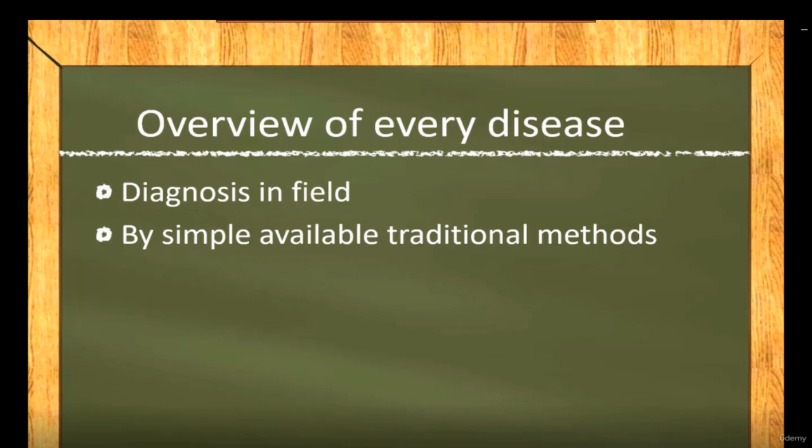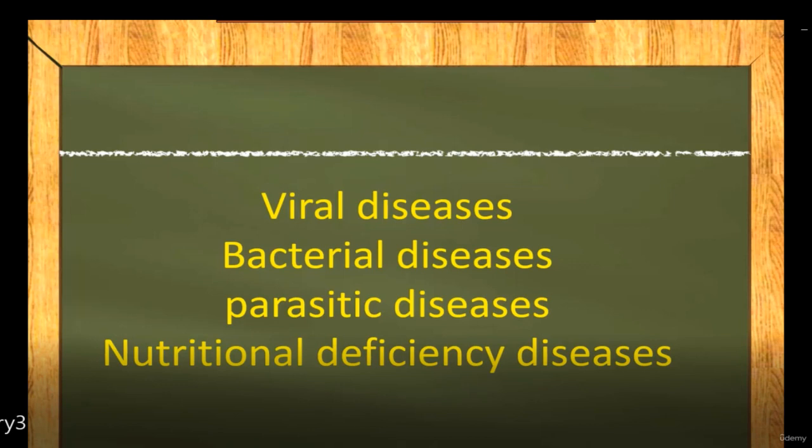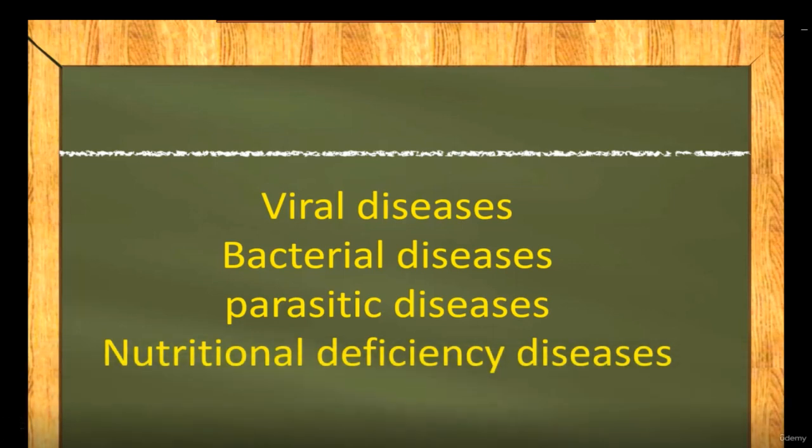Diagnosis in the field is by simple, available, traditional methods, as we mentioned. Viral disease, bacterial disease, parasitic disease, nutritional deficiency disease: all of these we will explain step by step, the symptoms, the PM lesions, diagnosis, treatment, prevention and control.